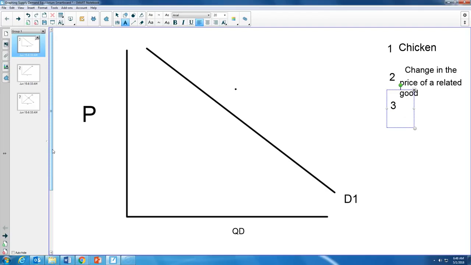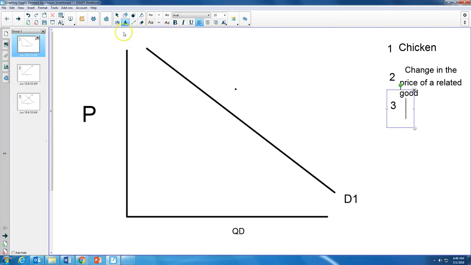And because it's a substitute good and it would be cheaper than steak at this point, we would say yes, they are more likely to use it as a substitute good, which means the quantity being demanded at every price level is going to increase. And so what we're going to do is shift our curve.